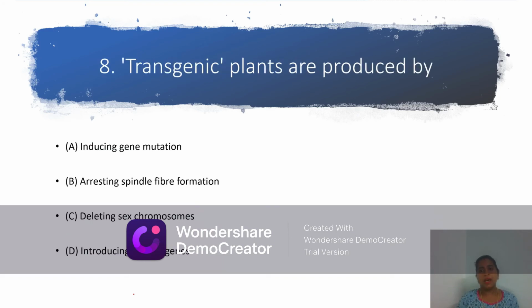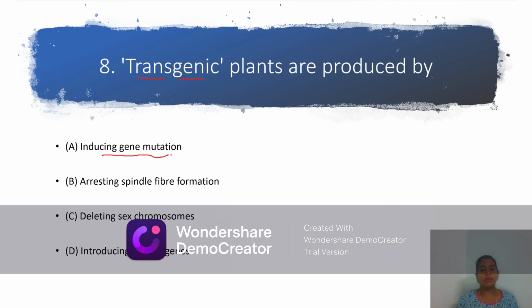Transgenic plants are produced by. What is the meaning of transgenic plants? Trans and genic, some genes you are transferring. From this name itself we can understand. So you will be getting the transgenic plants. Inducing gene mutation?